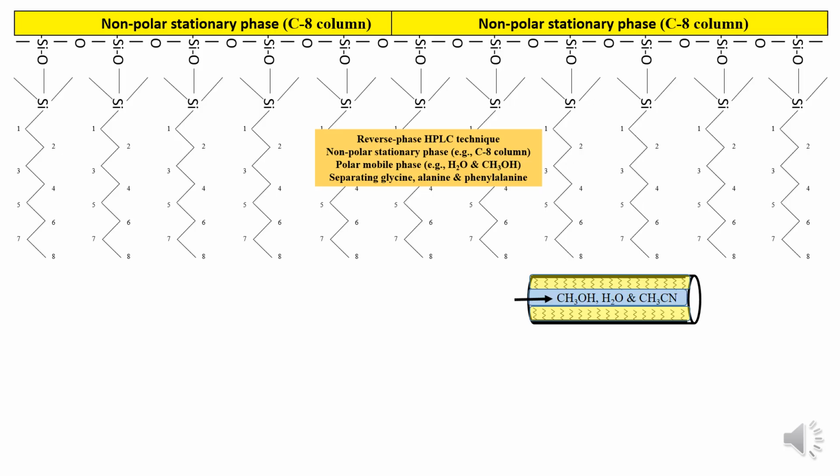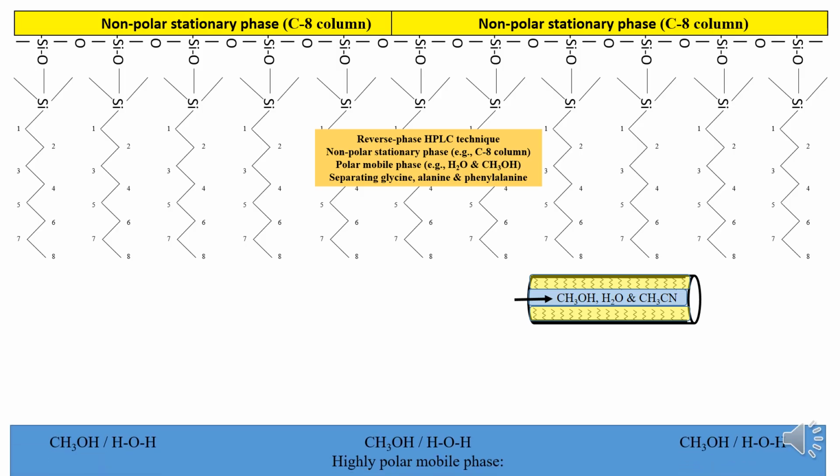It is called a C8 column because of the aliphatic hydrocarbon chain constituted by 8 carbons. And in case of a C18 column, it will be 18 carbons. That's the only difference. Through this column containing the non-polar stationary phase, the polar mobile phase flows, and we are employing the polar solvent combination methanol and water for the separation.